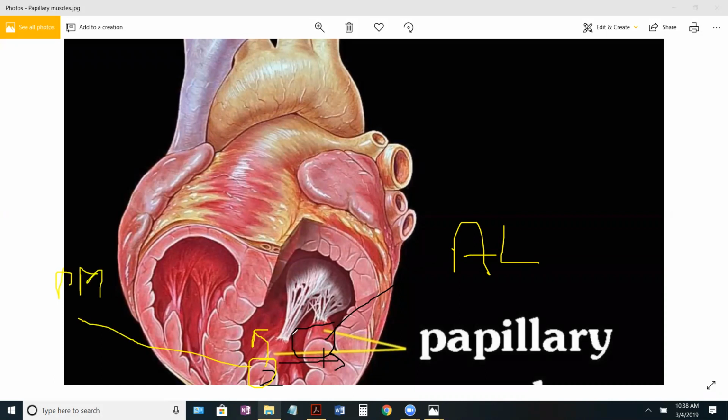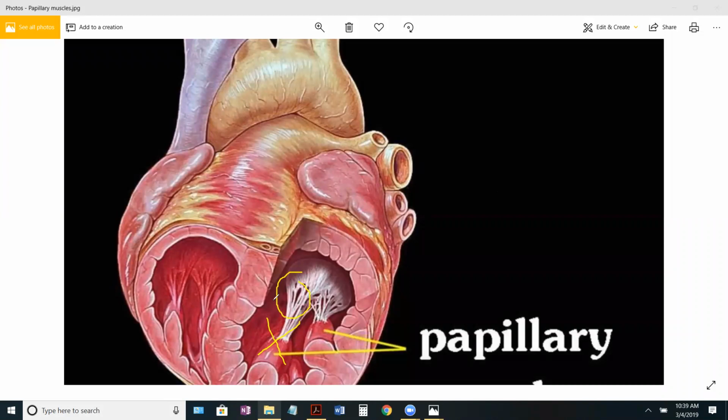Remember, if either of these two papillary muscles gets damaged, what can happen? If you damage it, you can't control the valve, right? So if this papillary muscle is ruptured, this flap of the valve will not be able to close. That condition is called mitral regurgitation.